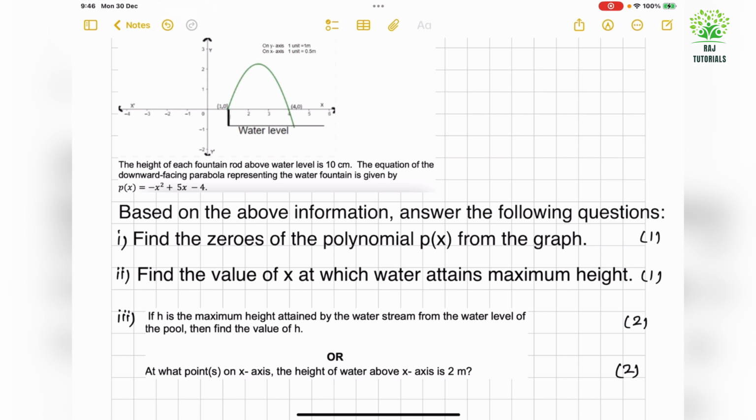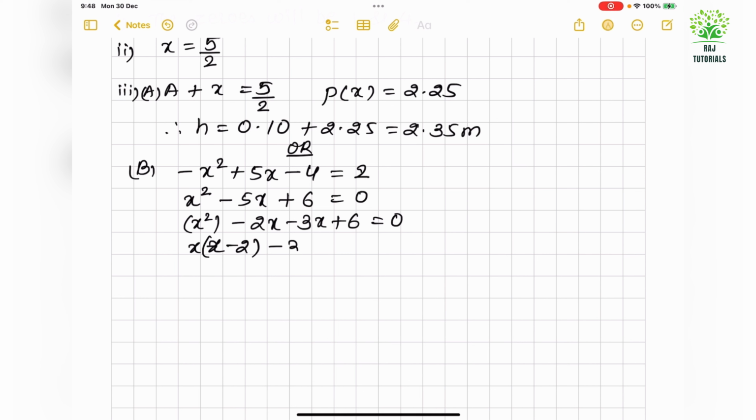Now if I do the factors, I will get x square minus 2x minus 3x plus 6 equal to 0. I am splitting the middle term, so if I take x common, I get x minus 2, and if I take minus 3 common, I get x minus 2 equal to 0.